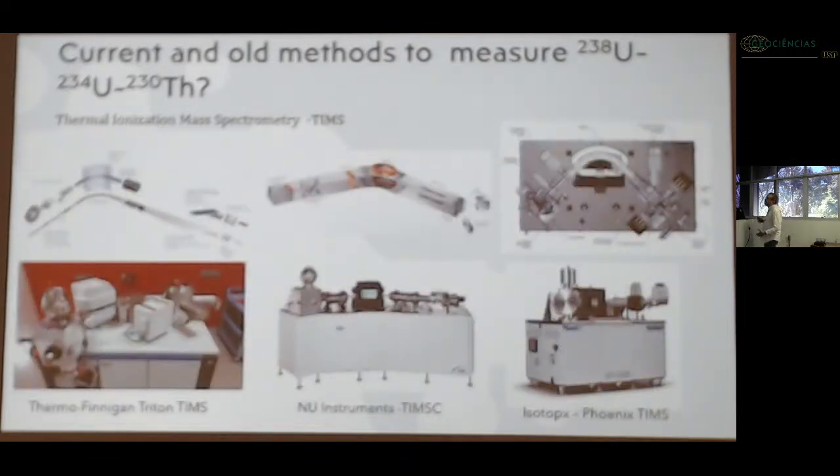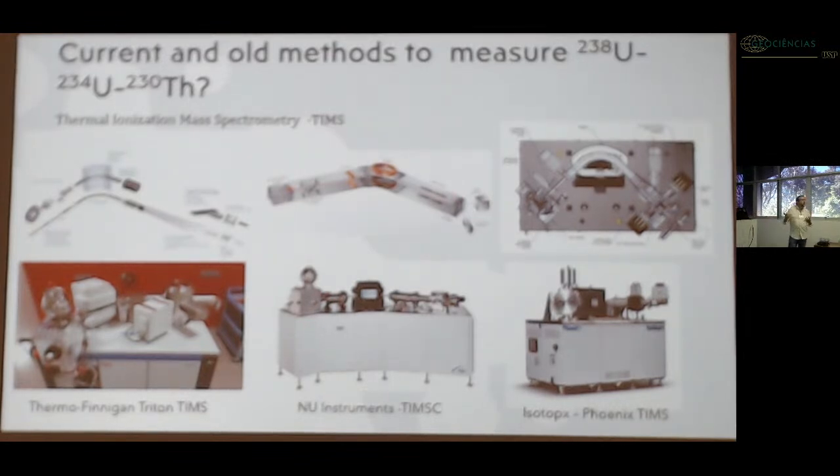These are the more modern instruments that you will find: the Thermo Finnigan Triton thermal ionization mass spectrometer. In here, you'll have the ionization chamber, the extraction lenses, the magnet, and the detectors and the amplifiers, part of the mass spectrometer. This is from NU, similar, very similar, different geometry.